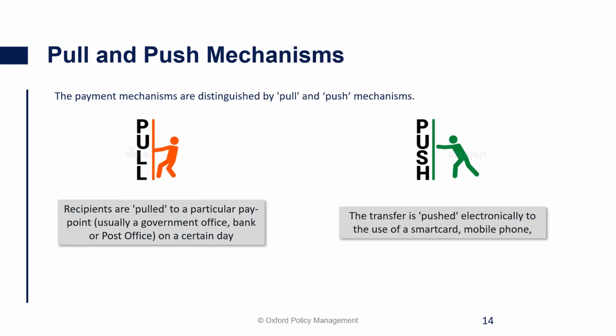Coming to the concept of pull and push mechanisms, the payment mechanisms in social protection are distinguished by pull mechanisms, whereby recipients are pulled to a particular pay point, usually a government office, bank, or post office, on a certain day, and push mechanisms, whereby the transfer is pushed electronically to a smart card, mobile phone, or bank account, allowing recipients greater flexibility about when they collect their transfers.